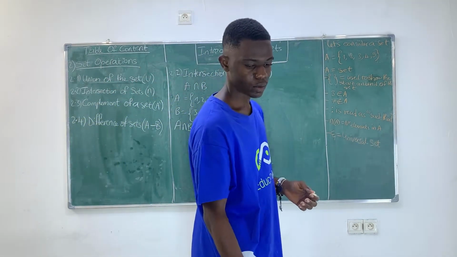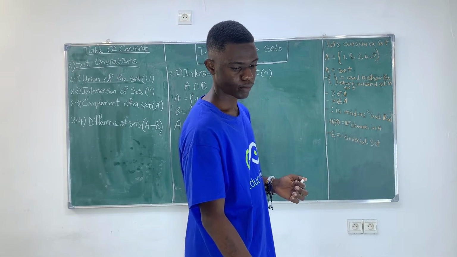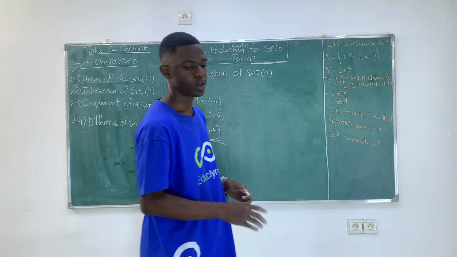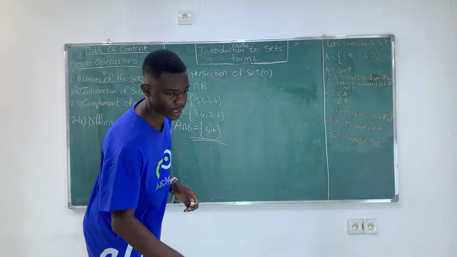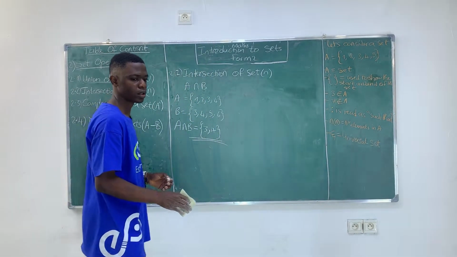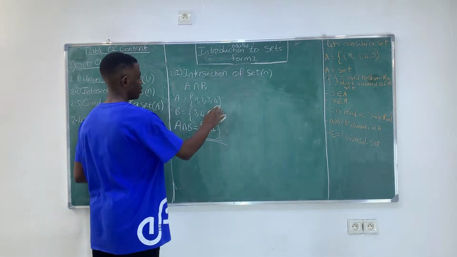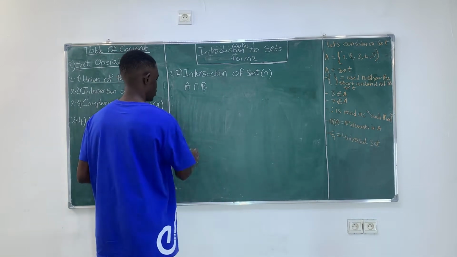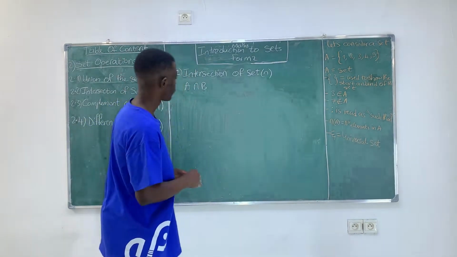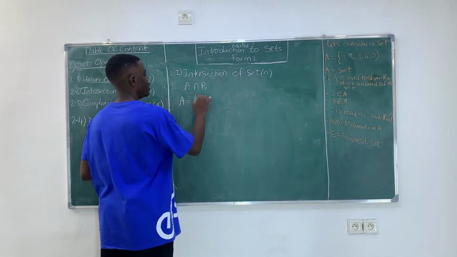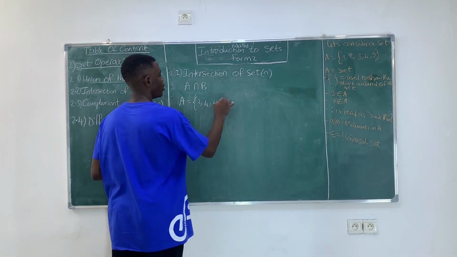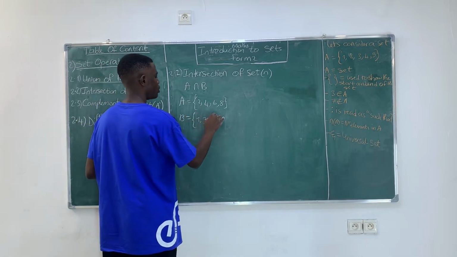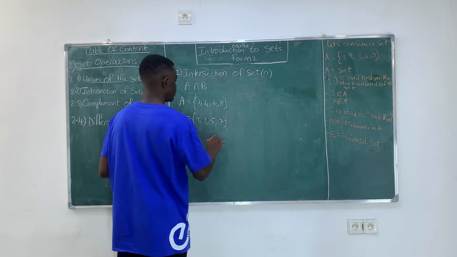Let's take another example. A is equal to 2, 4, 6, 8, and B is equal to 1, 3, 5, 7.